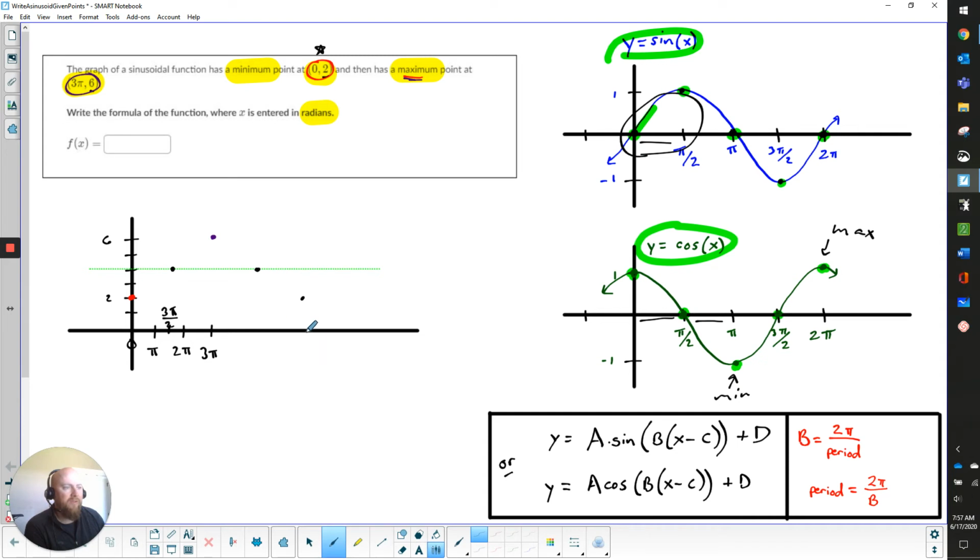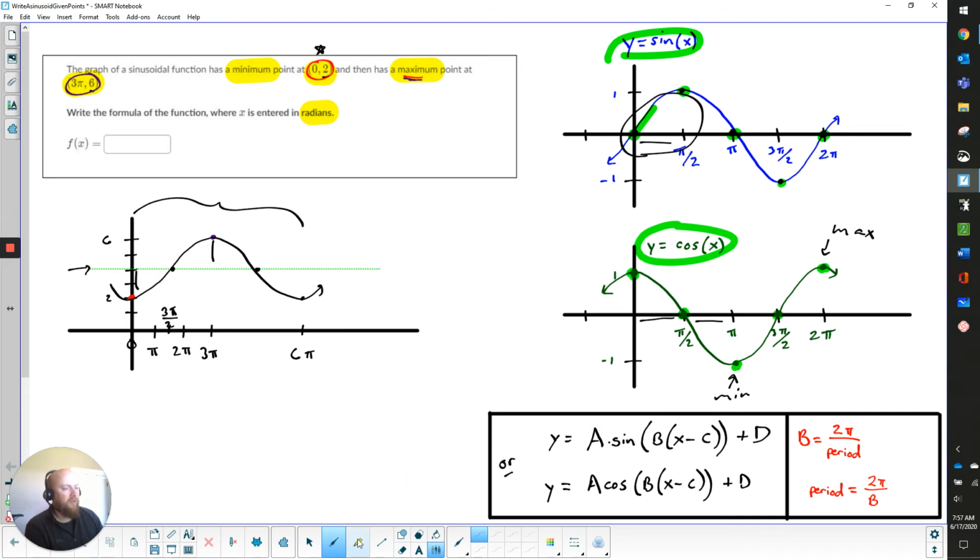So from 3 pi out to 6 pi, another total 3 pi out there, I'll end up back where I started. So it's not telling us to graph here, so you can kind of skip the rest of this if you want to, because the real important thing is to notice where that initial anchor point is, of course, where your midline is, what the amplitude is here, and then of course we need to find the period so we can understand what the B value is.